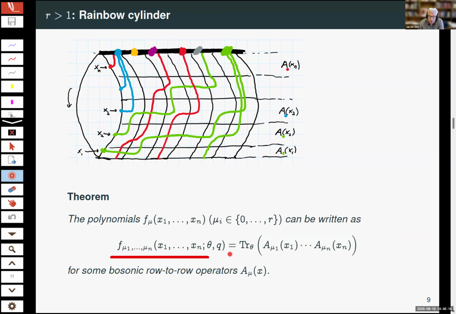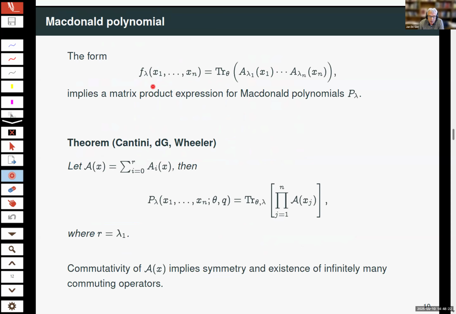So we have a very explicit formula for these polynomials. And from this, if you remember, if I would sum over all these polynomials, I get a symmetric polynomial, which would equal the Macdonald polynomial. So we can do that in the following way. If I take the sum of all row-to-row transfer matrices indexed by every color i, call this script A, then take the product of script A's.